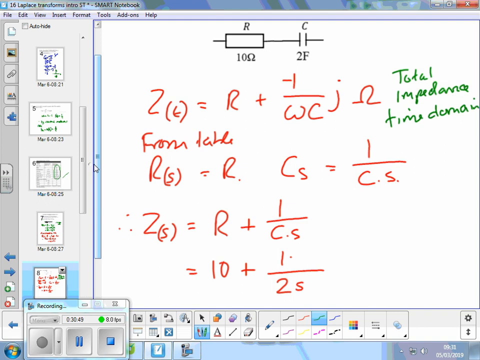Yeah, because for a series circuit of resistance, it's the impedance of the capacitor. Everyone agree with that? Yeah.